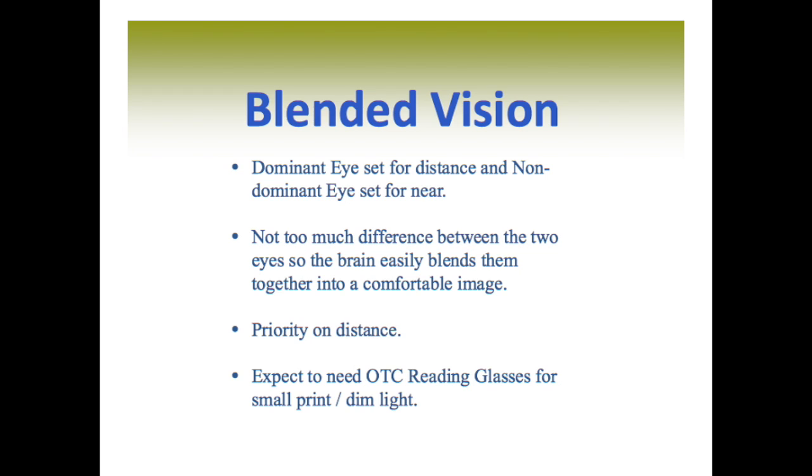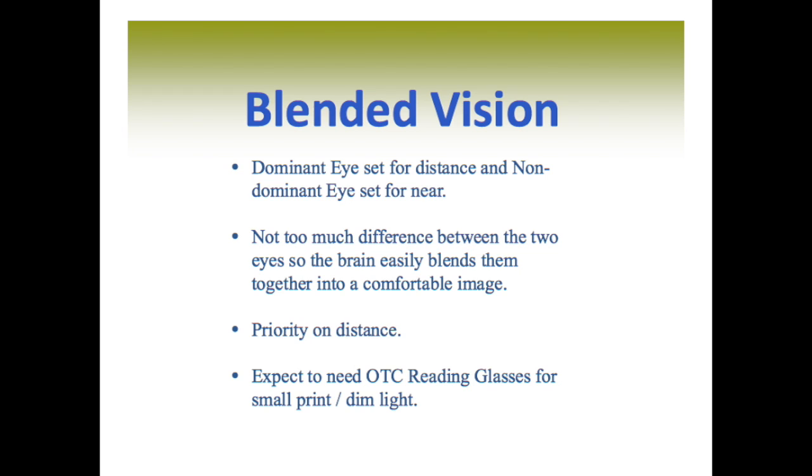We set it so there's not too much of a difference between the eyes, so the brain can easily blend the two images together. The priority is on the distance vision, and we'll try to give as much near vision without glasses as we can get away with, but yet still having you see comfortably and have excellent distance vision.